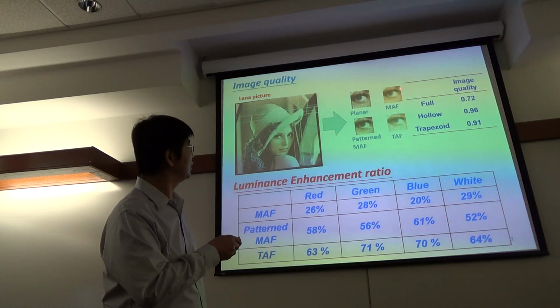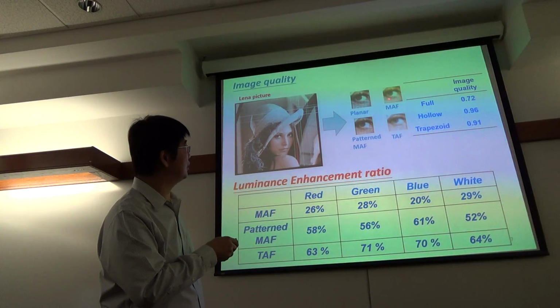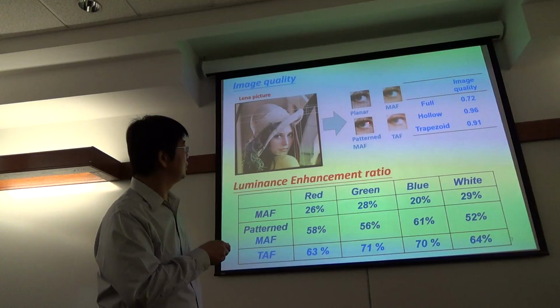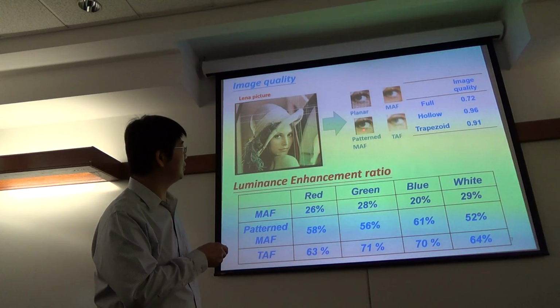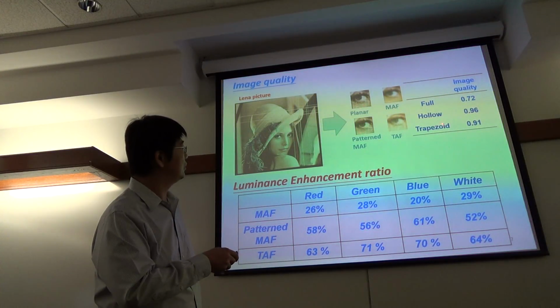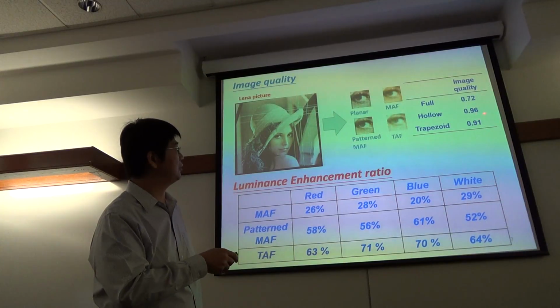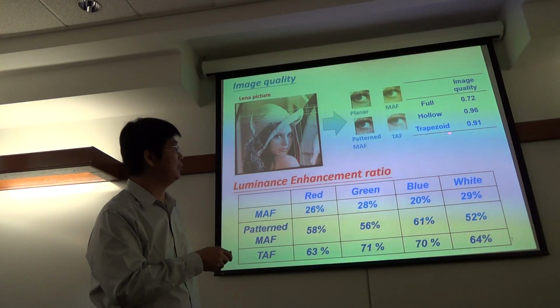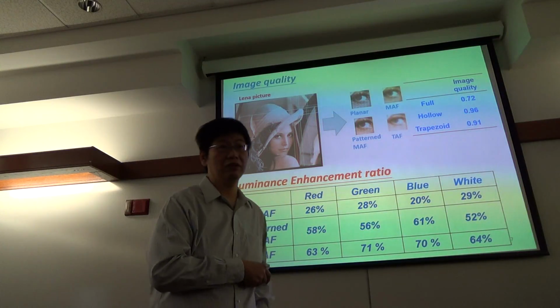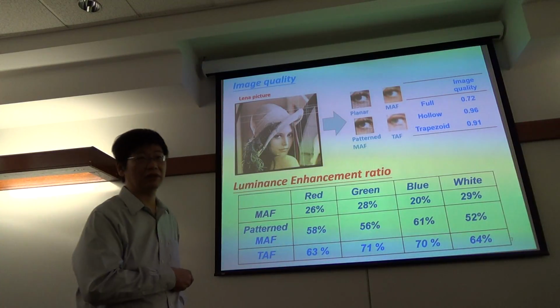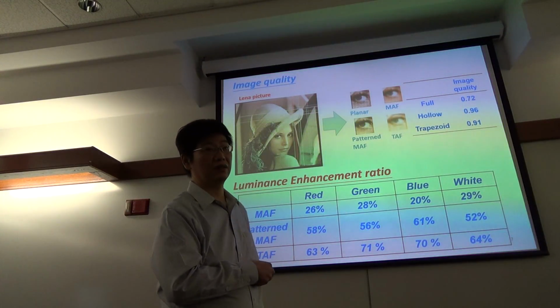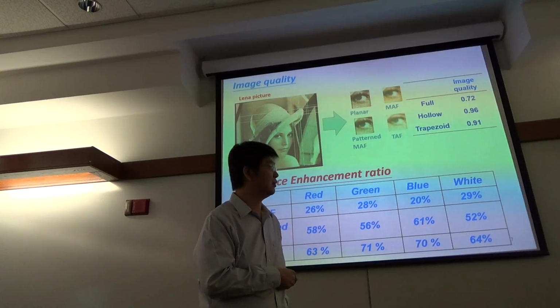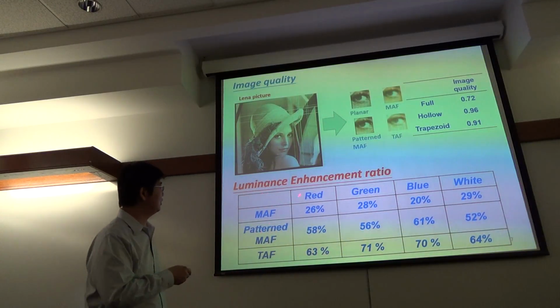But if you use the planar one, you can see the pixel, but you cannot see the pixel because that is blurred. If you can see the pixel, that is better. If you use the patterned one, that is best. But if you use a trapezoidal one, that is a little bit sacrificed. But your extraction efficiency is better.